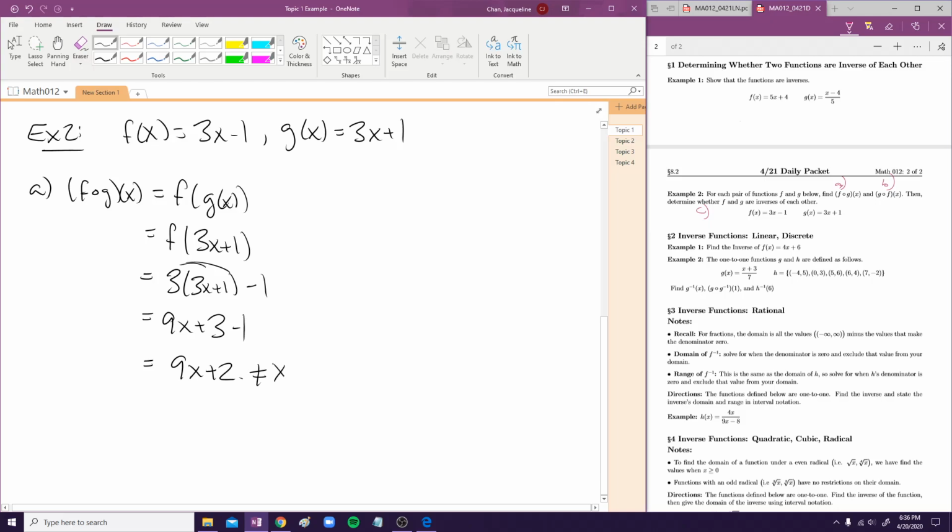Since it doesn't equal x, we can automatically say f and g are not inverses of each other.